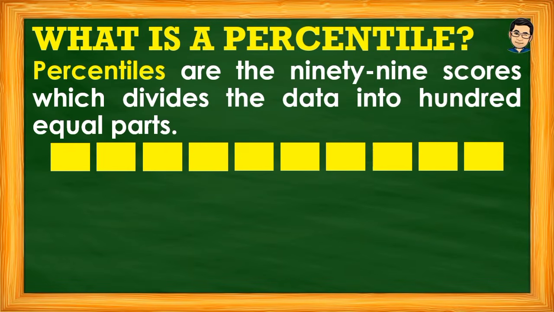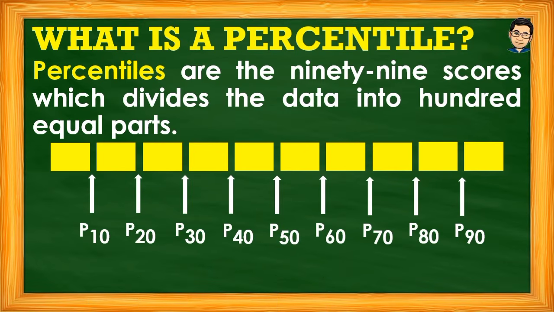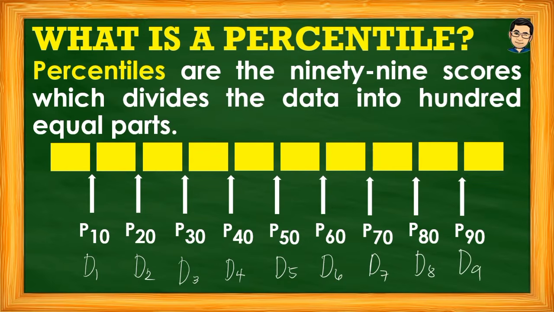Now, using the illustration for deciles, ganun pa rin. So, P sub 10 is equal to D sub 1. P sub 20 is equal to D sub 2, up to P sub 90. Sulat natin D sub 3, D sub 4, D sub 5, D sub 6, D sub 7, D sub 8, D sub 9.